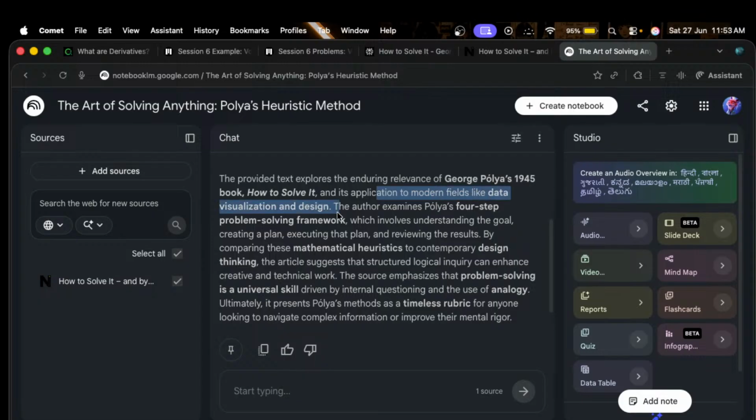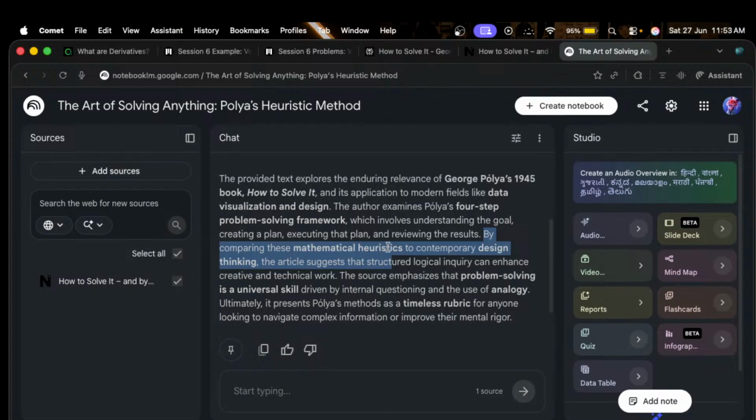He has a four-step problem-solving framework, which involves understanding the goal, creating a plan, executing that plan, and reviewing the results, comparing these mathematical heuristics to contemporary design thinking.